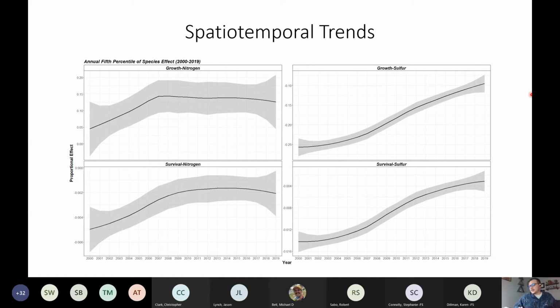There are a lot of considerations to make on that front, but what we can come up with is a deposition value that would prevent 5% growth rate reductions. We're going to look at that for sulfur here. Imagine I've created a deposition surface. It's not going to be the next one, but I've created a deposition surface that tells you how much sulfur deposition is needed so that we don't go over that 5% mark.